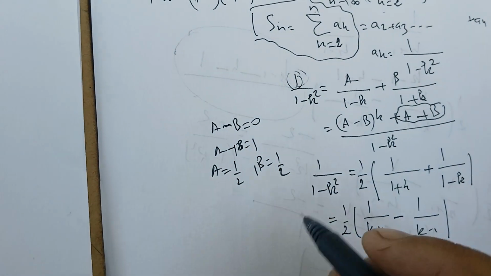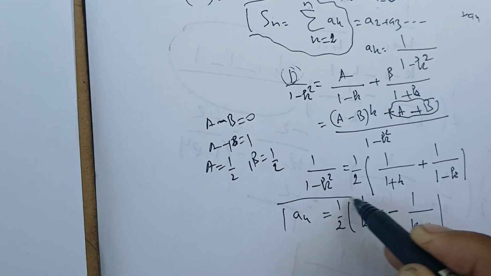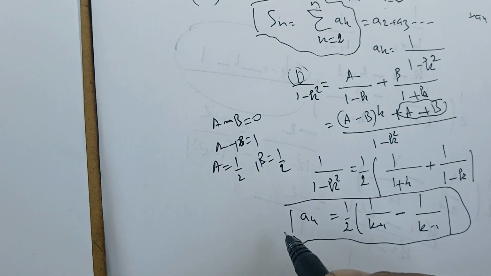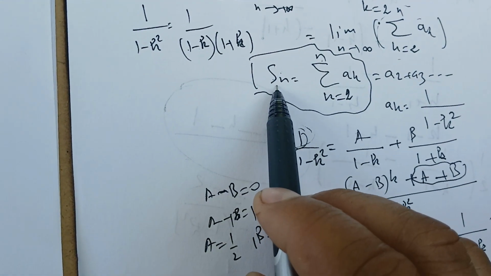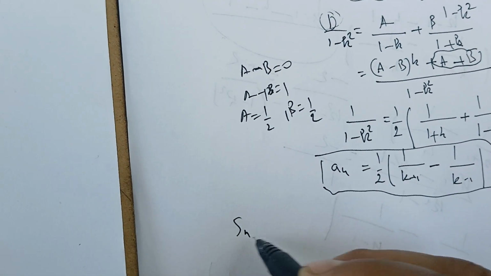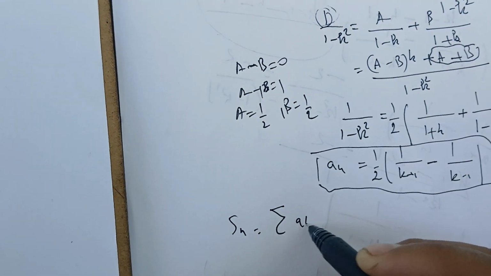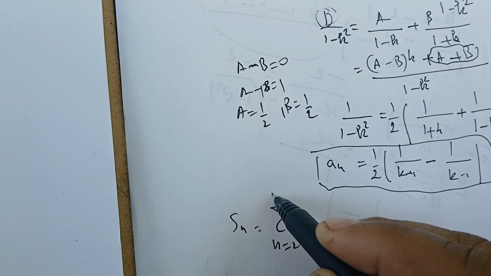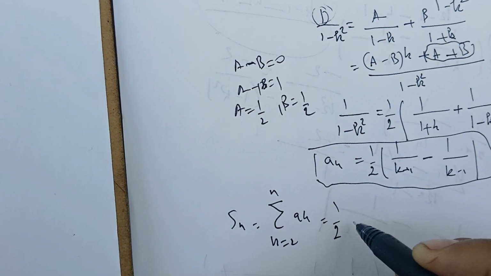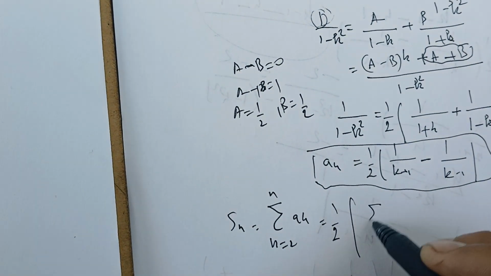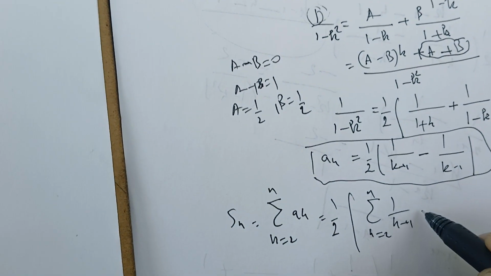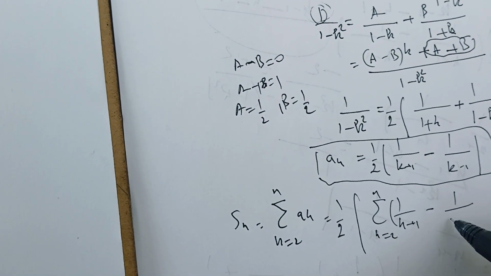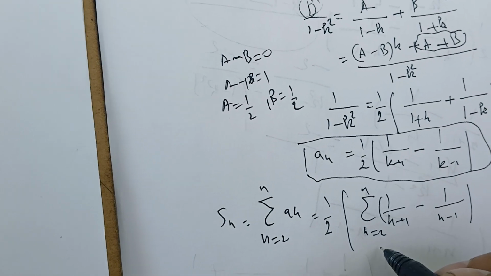So let's compute the partial sum. Sn is the sum of ak, k going from 2 to n, which is 1/2 times the sum of 1 over k plus 1, k from 2 to n, minus 1 over k minus 1.